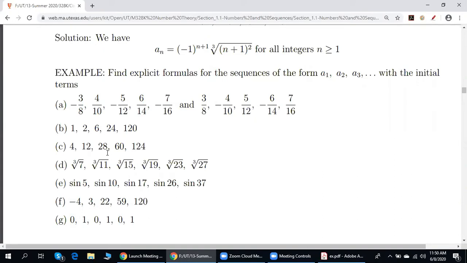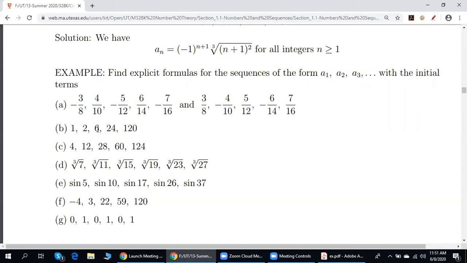N factorial is the product of all numbers from 1 to n, of course, if n is a positive integer. For example, note that 6 is 1 times 2 times 3. So 6 is 3 factorial.